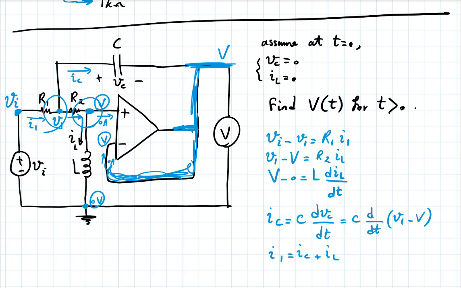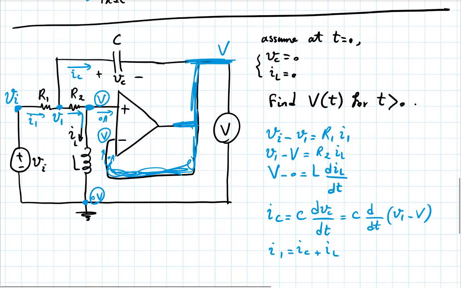And here I have already indicated that I have 0 currents going through the op-amp. So that's good. I have written the element relationships for R1 and R2 and L and C. I think I have included everything. You see? So already the system of equations is smaller, a little less daunting than if you wanted to write everything mechanically by drawing all the loops and all the nodes and writing KVLs and KCLs. Okay, so you might say a nodal analysis type of approach here was easier.